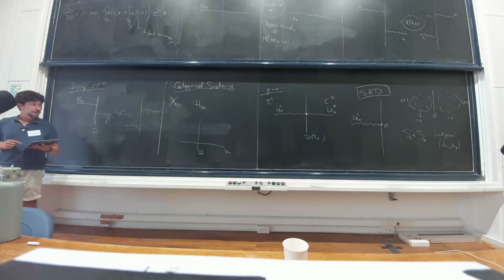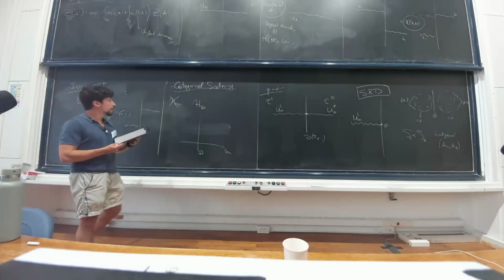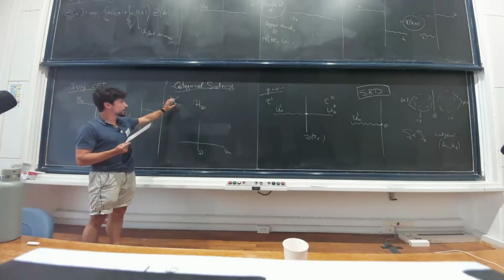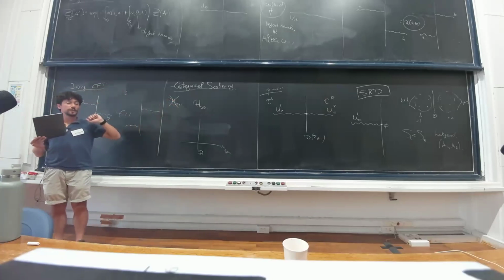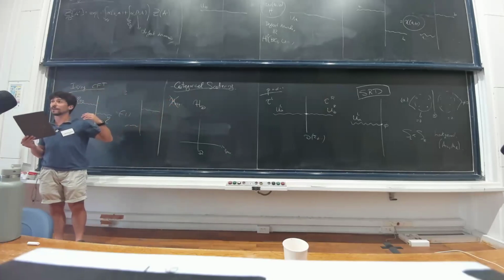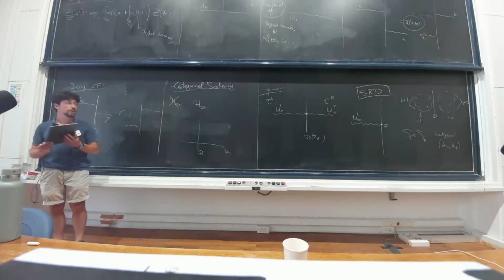Okay. And now you can ask, well, before I was saying that you can prepare some state at asymptotic infinity that is in the Fock space and get something that is in some twisted Hilbert space for some symmetry.